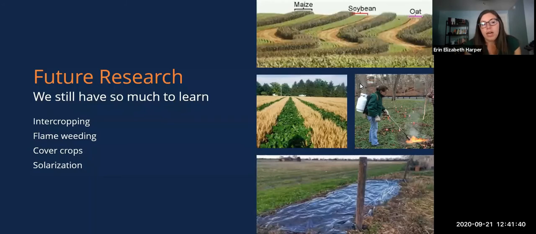We also need to look at something like flame weeding, which right now is a main way that a lot of organic farmers weed. There's a picture on the far right in the middle there. It really is just using flame and burning the top of the soil. How does that impact the microbial community? That's a question that people have already been asking and measuring.